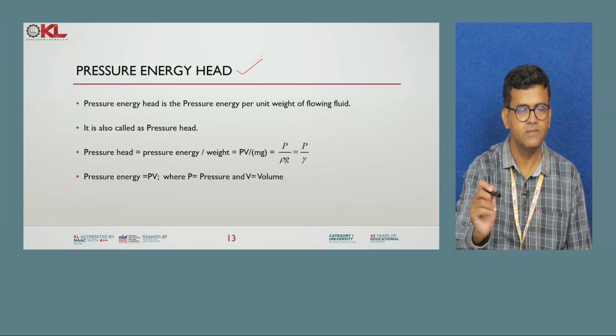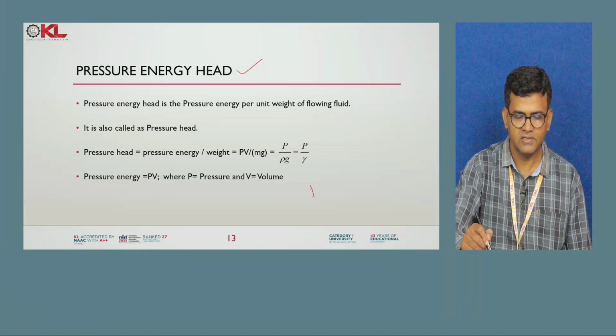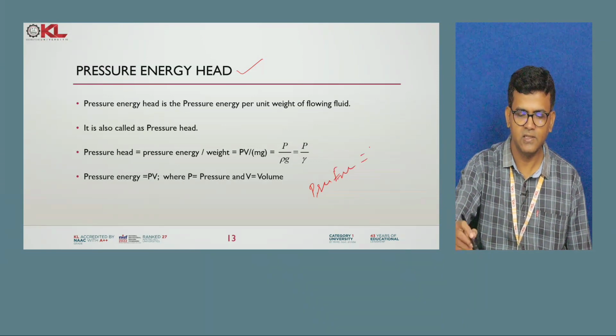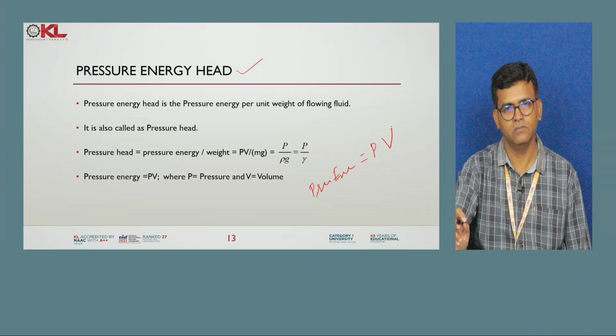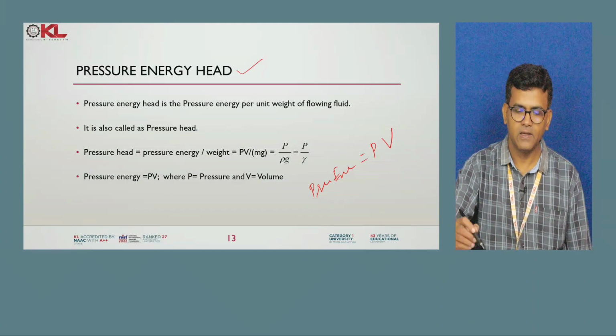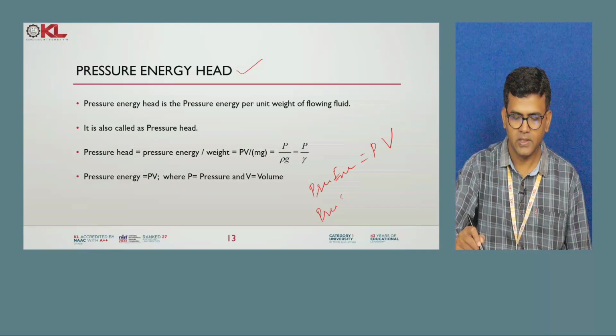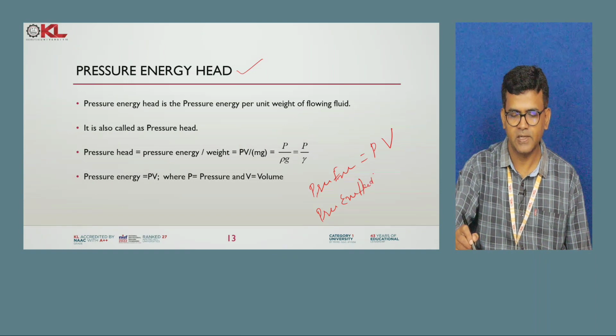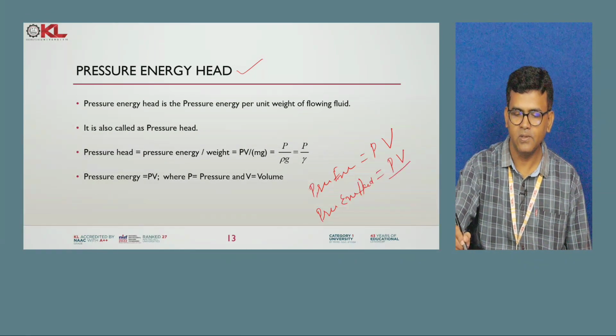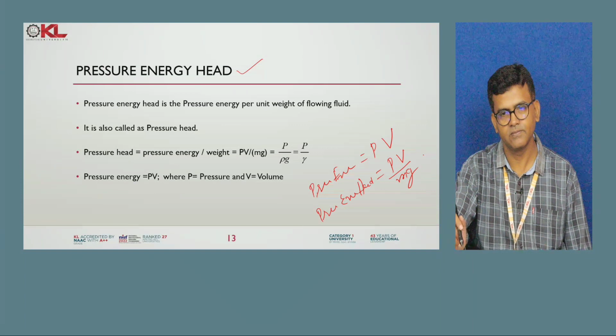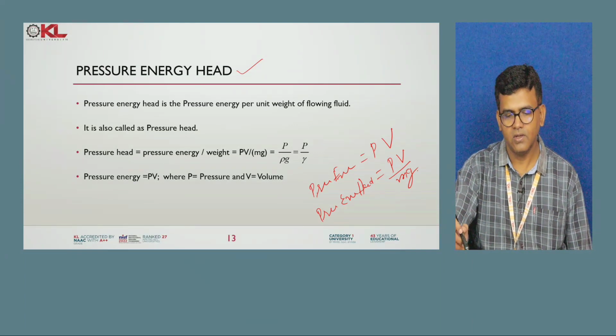Pressure energy head. What can we write for the pressure energy? We can write pressure into volume, that is the pressure energy. Now the pressure energy head, we can write as PV upon the weight of the fluid, mg.